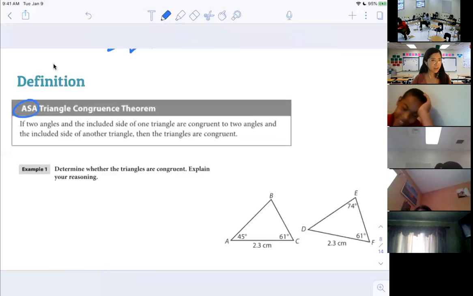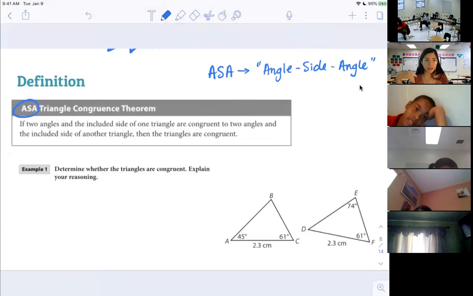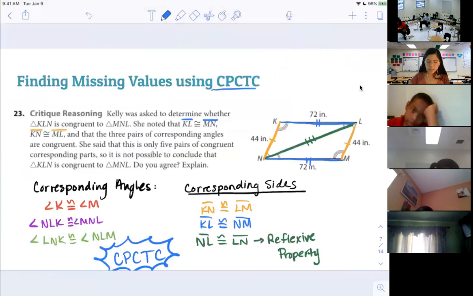All right, so let me break this down. So ASA stands for angle, side, angle. So what this means is that if you have a triangle, remember what I just said, CPCTC is when all three sides and all three angles match.